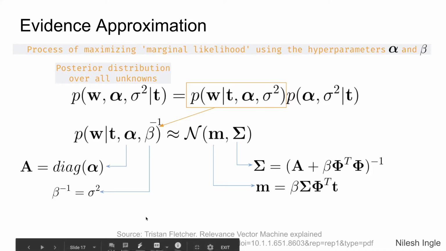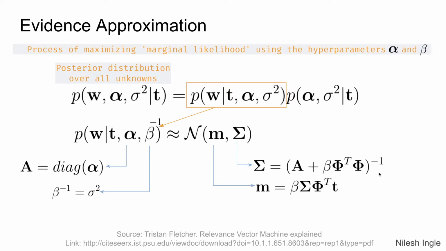That's just because that's the notation used in the paper. So the sigma is given by this equation right here, and the mean is given by this equation. And we'll come back to this towards the end of the video, where we'll see that if we differentiate these two and set it to 0, then that's how it can help remove irrelevant features such that the values for w would be set to 0.